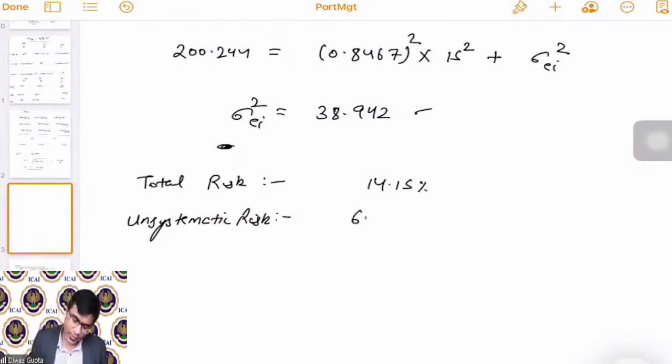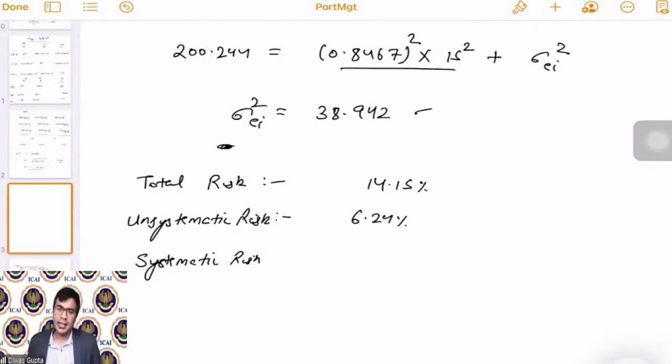So it comes as 6.24 percentage. Systematic risk: now if we solve this, then it comes as the systematic risk, correct? And taking a square root of it, it is 12.7 percentage.